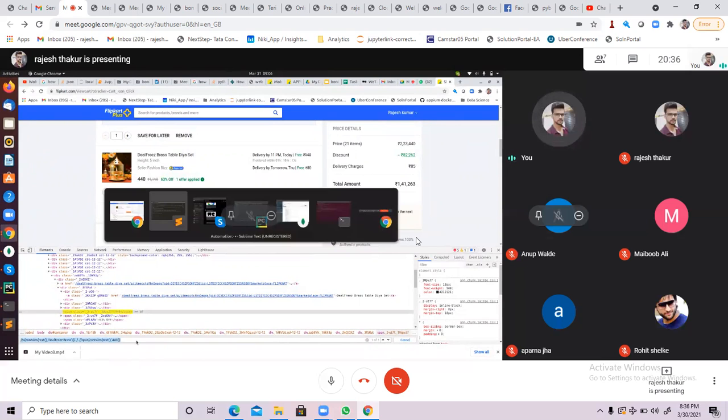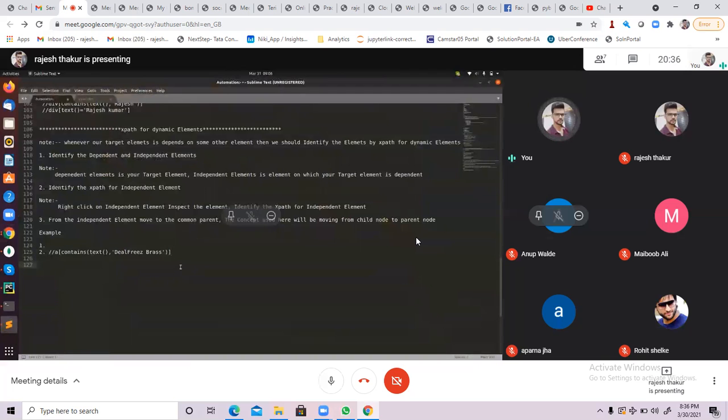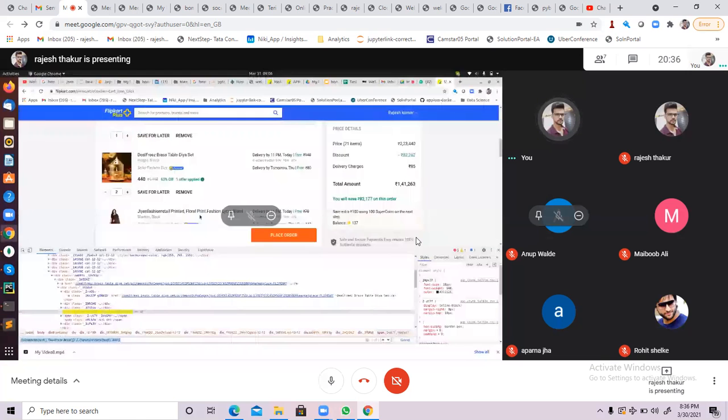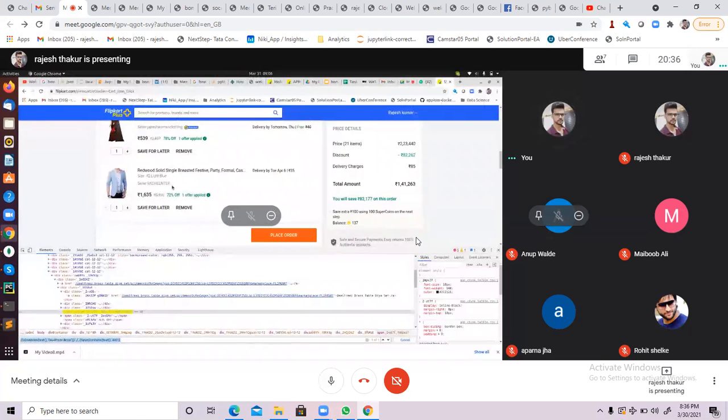I will give you one task. You can take attempts. Okay. So can you please similarly identify this element 1635?